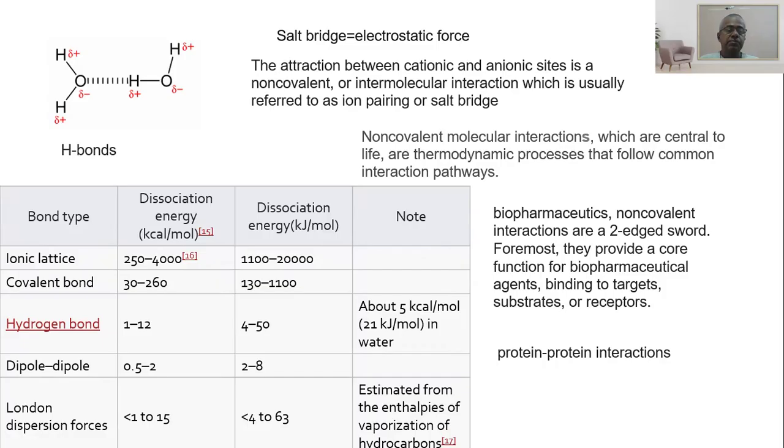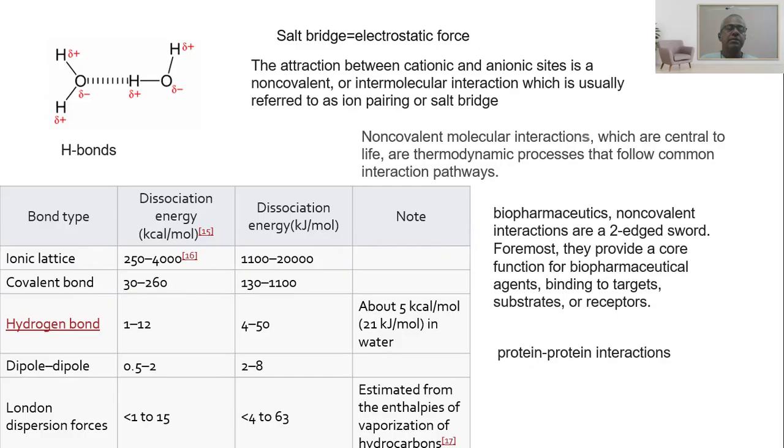For example, in the hydrogen bond, there are two atoms, oxygen and hydrogen. They are partially attached due to attractive forces, due to dipolar interaction, due to partial charges appearing over the oxygen and hydrogen.